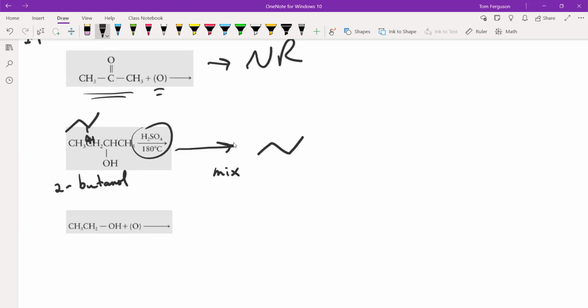Okay, so we have 2-butanol, and we're going to get a double bond on either side of that OH group. So we get a double bond there, and we get a double bond there. Which one is more stable, left or right?